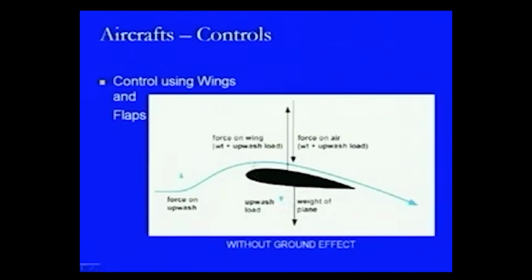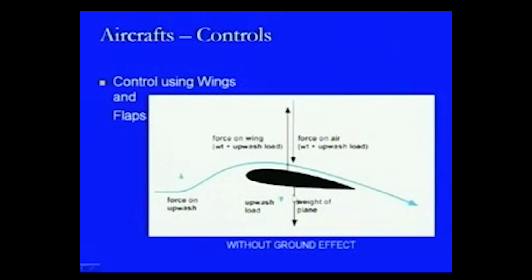With respect to this weight plus upwash load, if we take their signs also into consideration, we have a force which will act here like this, and that will bring the lift, whereas in this direction when it is going in the downward direction, then this upwash load and weight may be going in the downward direction, and that will create the tilting of this aileron in the downward direction, and for just putting this side of the leading edge in the upward direction. So, that is how it will go into the air like this.